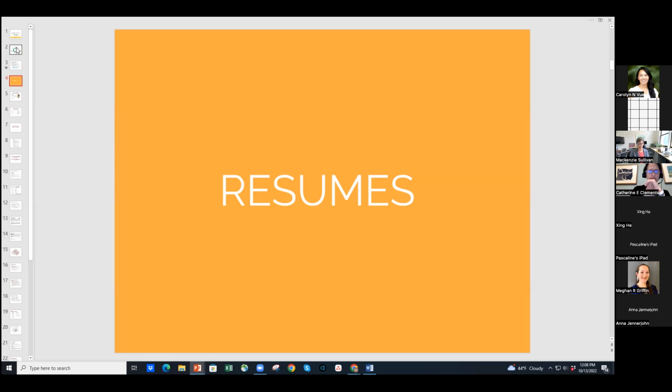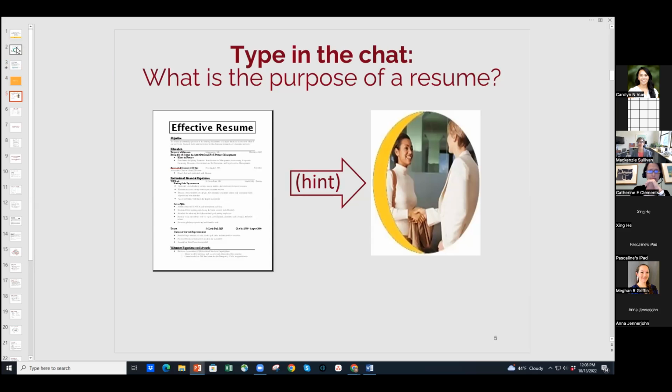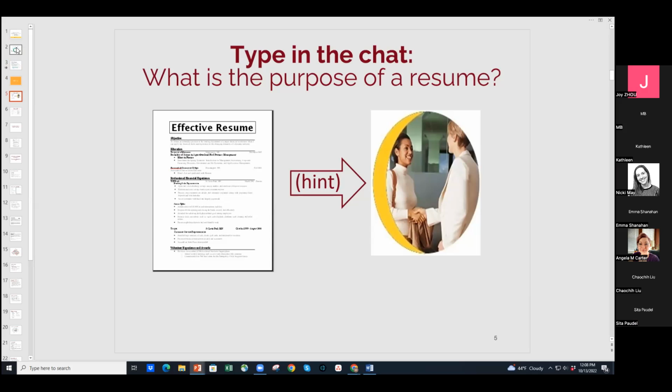Okay, resumes. So let's talk a little bit about resumes. In the chat, for those who are willing to do this, let's spend maybe a couple minutes typing, what is the purpose of the resume? Just briefly, what's the purpose of a resume?